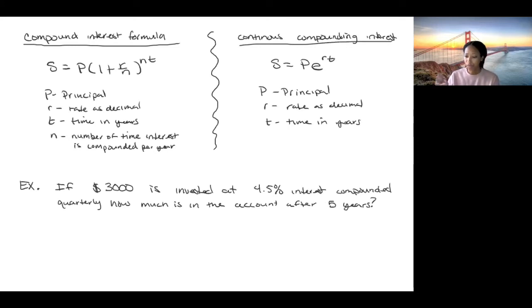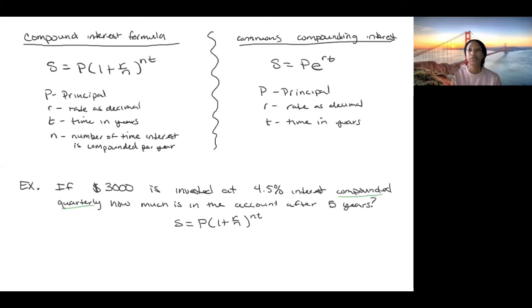Okay. To solve this problem, since we're compounding quarterly, we're going to use the regular compound interest formula. You only use the continuous compounding interest formula if it says continuous in the problem. Okay, so here we're going to use S equals P times 1 plus R over N to the NT.